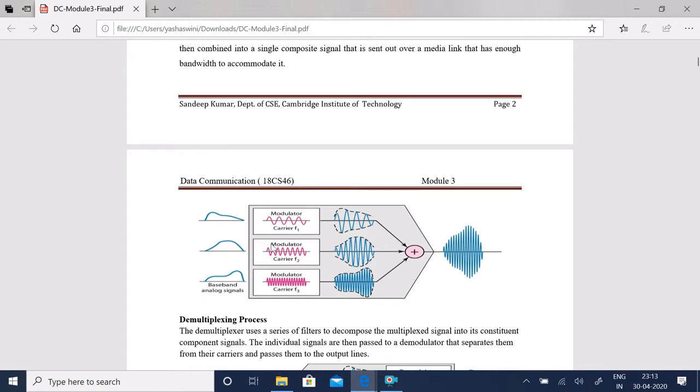What is the application of a modulator? It has to convert all your sinusoidal waves into a composite signal. This composite signal is got by superimposing all these sine waves. Once you superimpose all the sine waves, you get this composite sine wave, which will be transmitted from the sender end to the receiver end.